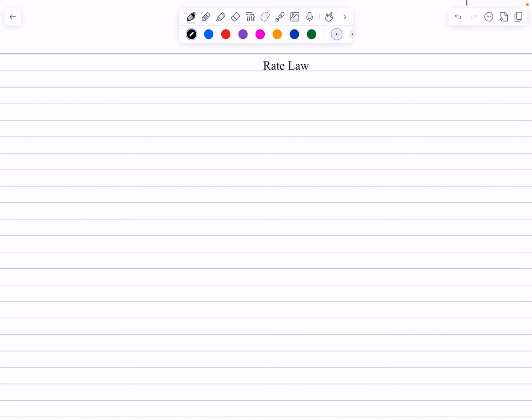All right, ladies and gentlemen, in this one we're going to talk about the rate law. So we want to know, the rate law is the relationship between the reactant concentration and the rate of the reaction.